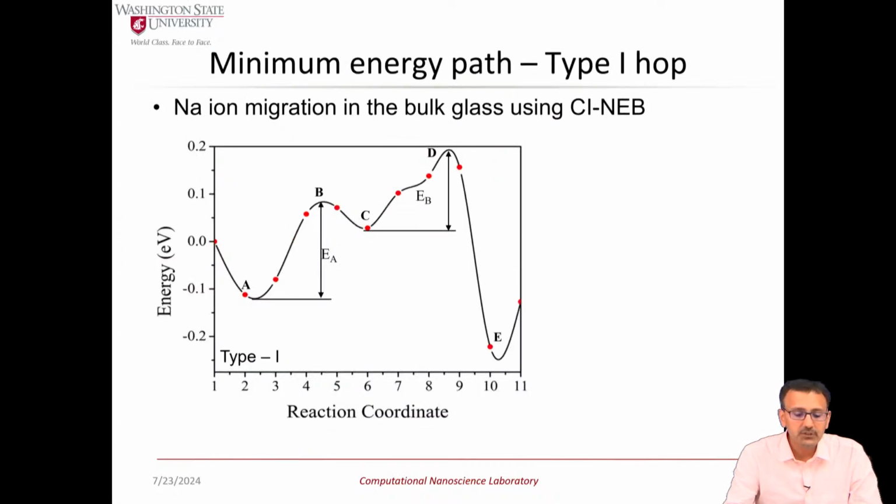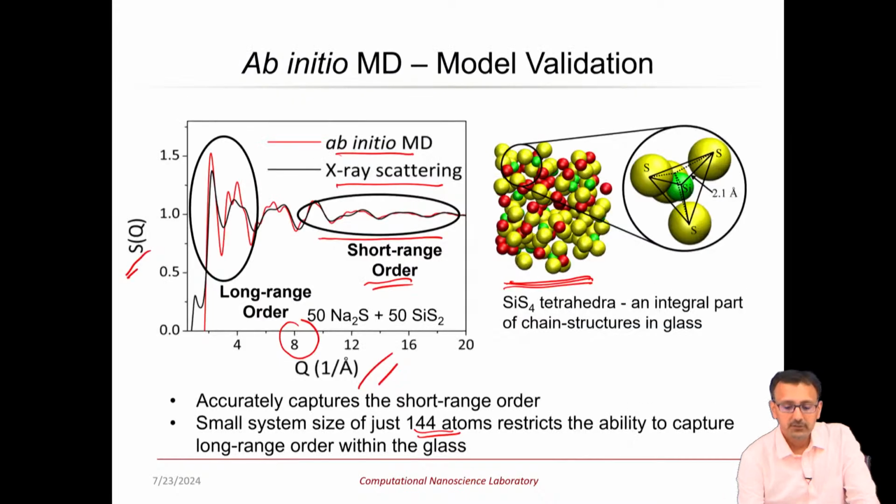So, first we tried to understand if we have a sodium ion. This is showing the silicon and sulfur ions. Let's say the red ones here actually are sodium ions. So, we add a sodium ion to this system, the cation. On an average, what is the coordination of this sodium ion with sulfur and nearby tetrahedral units?